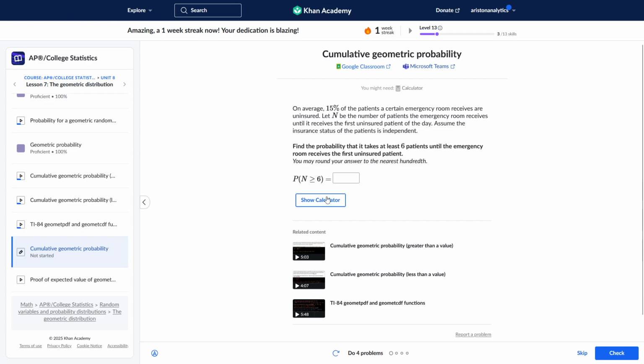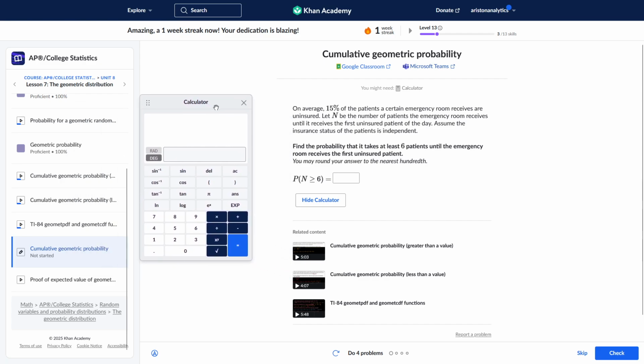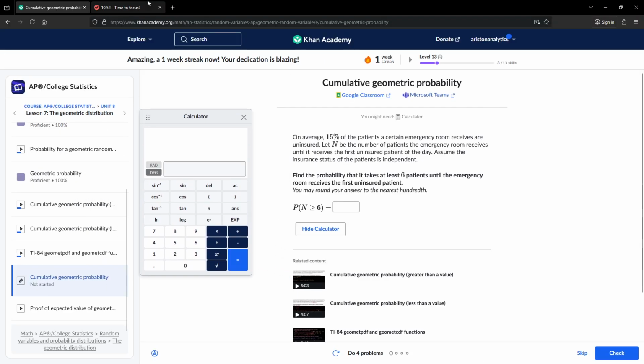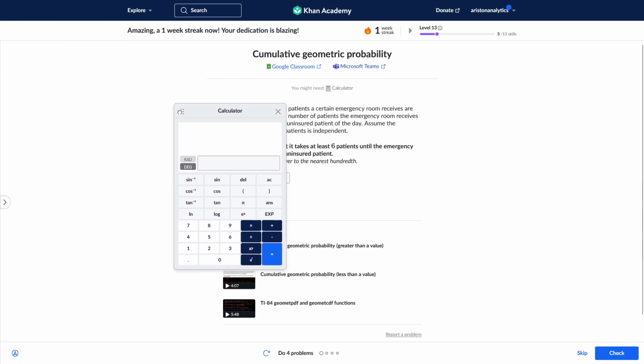Find the probability that it takes at least 6 patients until the emergency room receives the first uninsured patient. 15%. First uninsured patient.